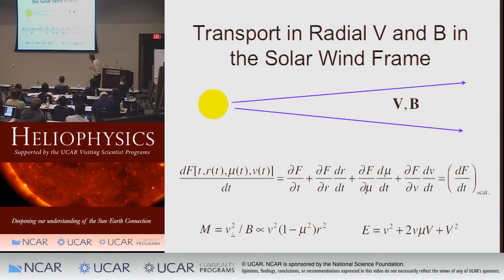Okay, if that's true, and also the energy in the inertial frame is conserved, I can write that this way, but I want to express the speed and the cosine of the pitch angle, mu, here, in the fluid frame, okay? And the fluid's moving out at a constant solar wind speed, okay?